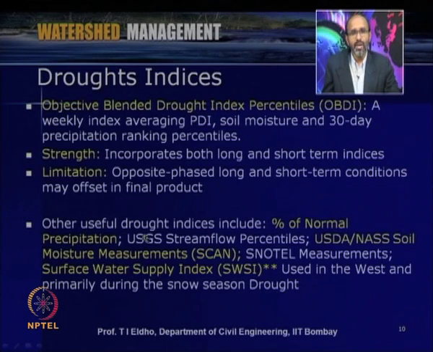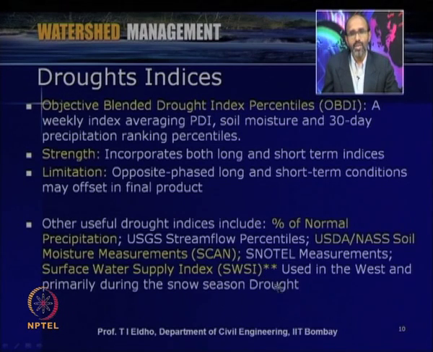And some other useful drought indices include percentage of normal precipitation, USGS streamflow percentiles, USDA and NRCS soil moisture measurements, the so-called SCAN, then SNOTEL measurements, then the surface water supply index, SWSI.